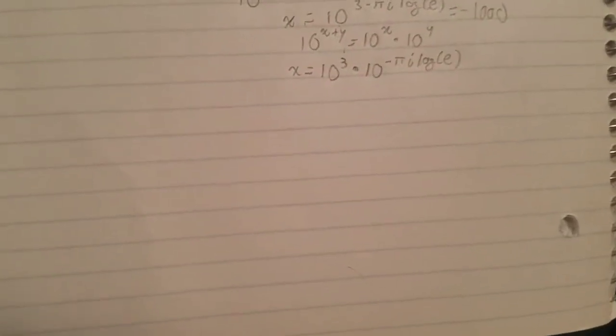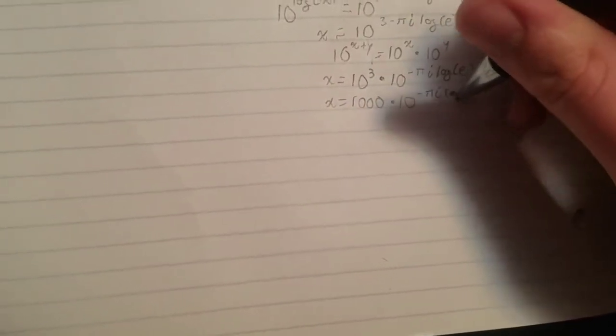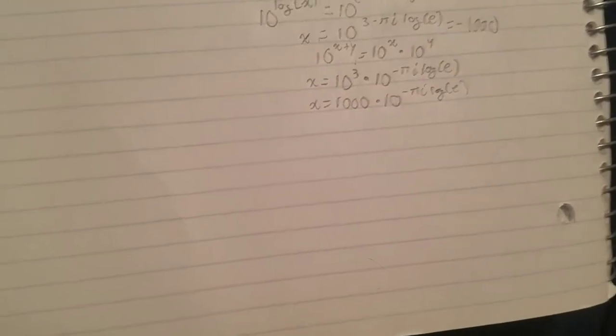So let's simplify this a little bit. X equals 10 to the third, 1 with 3 zeros in back, times 10 to the negative pi I log e. So you might be getting nervous about this one, but trust me, it's really not bad.